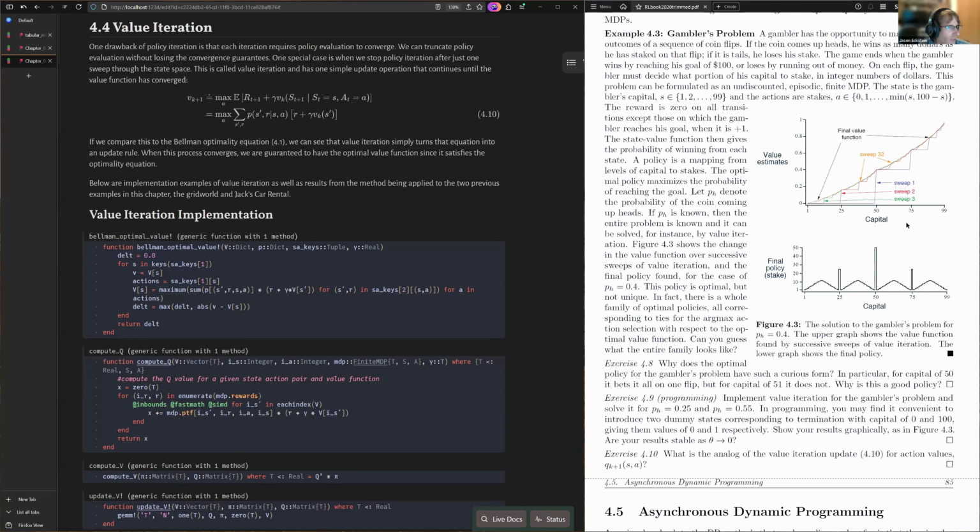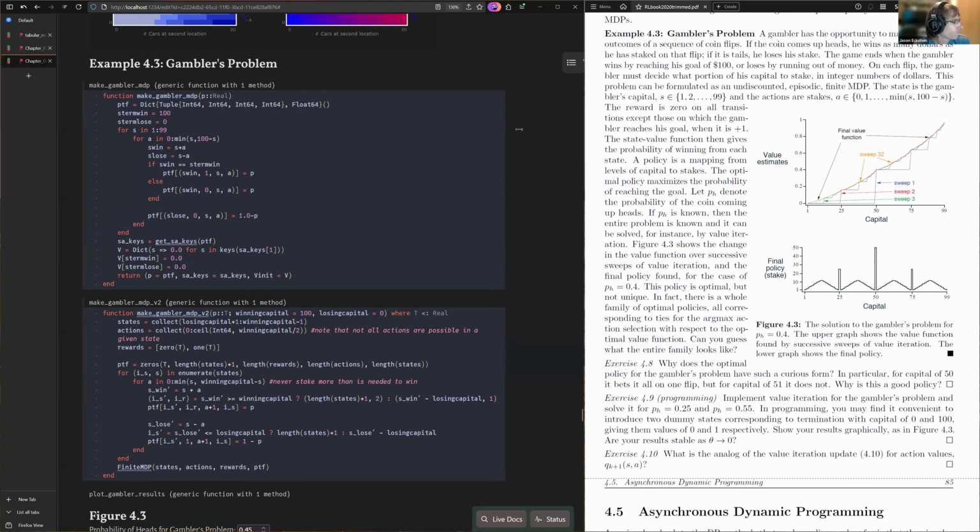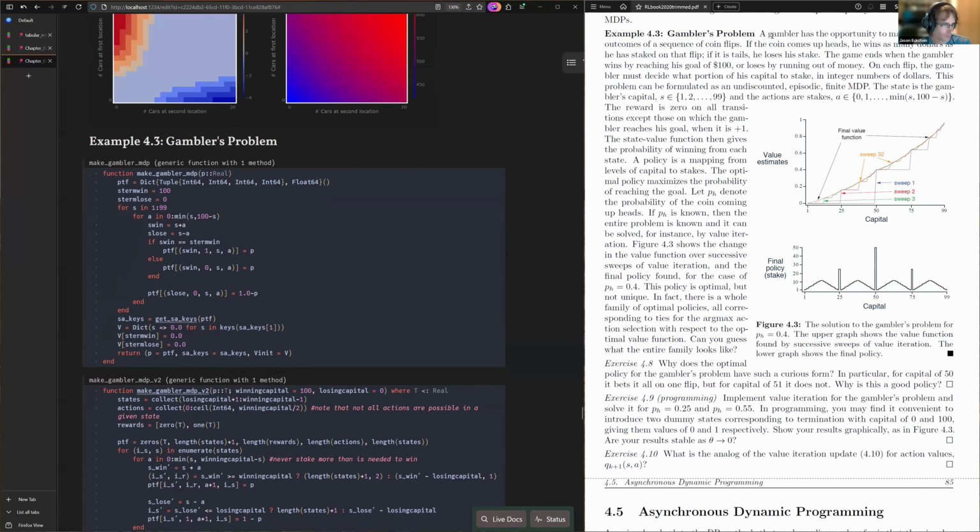Okay, so let's look at the gambler's problem. This problem conceptually should be easier than the car rental problem. For this problem, we have capital, let's say dollars, from 1 to 99.